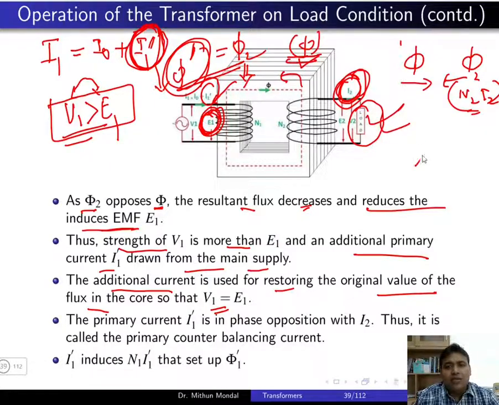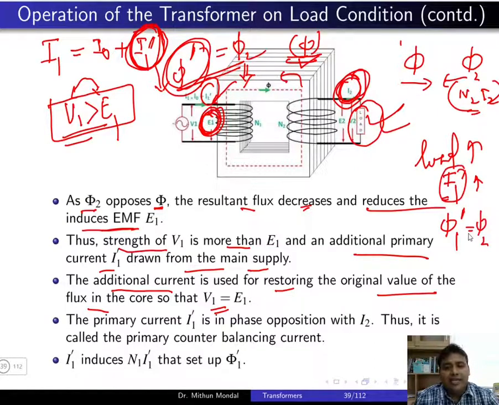So basically, when you increase the load, what is happening? Due to the increase of the load, the current I1 dash will increase. That is, more and more current will be drawn from the primary of the transformer. Hence, phi dash, which is the flux produced due to I1 dash, will cancel the flux phi 2 due to the secondary current.